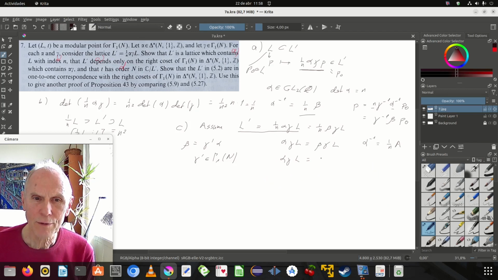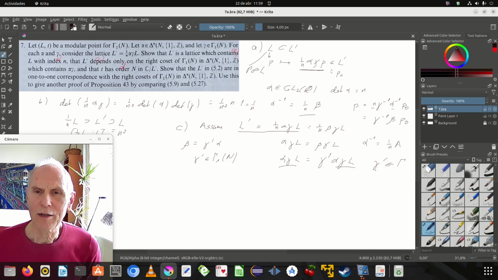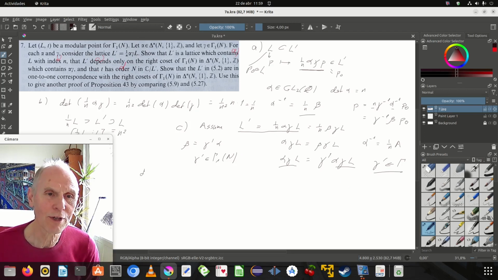We just use what beta is. And this is a lattice, and this is a lattice, and gamma mark lies in gamma, even in gamma 1 of level n, and that maps the lattice to itself. So that was trivial. Just wasn't able to see it, sorry about that.